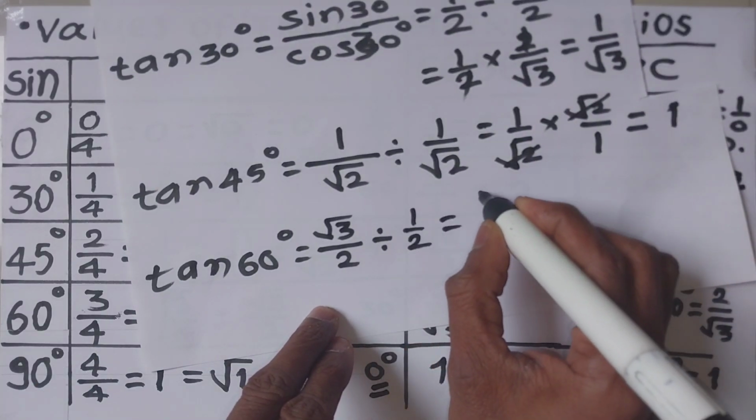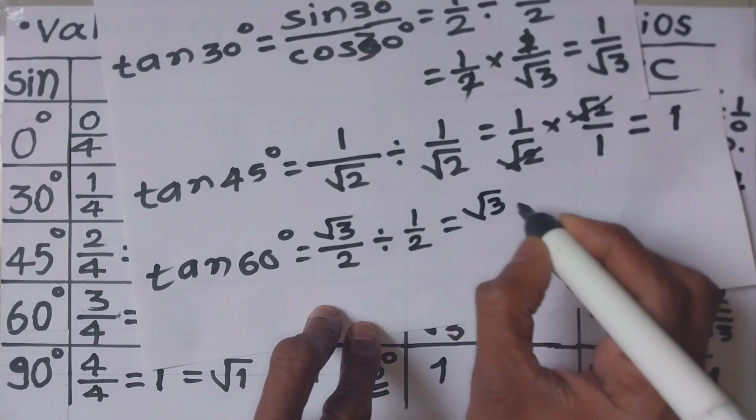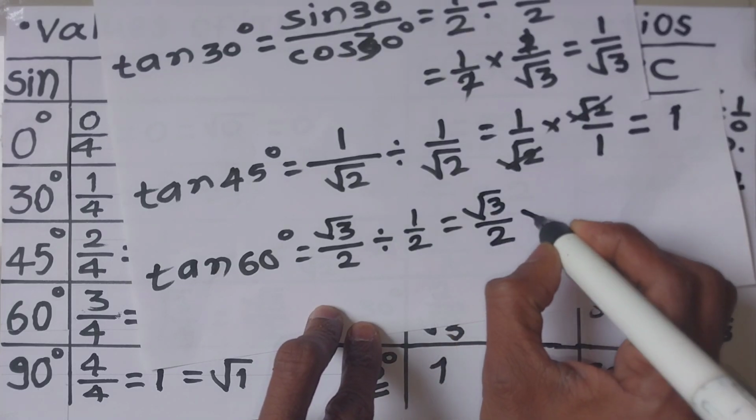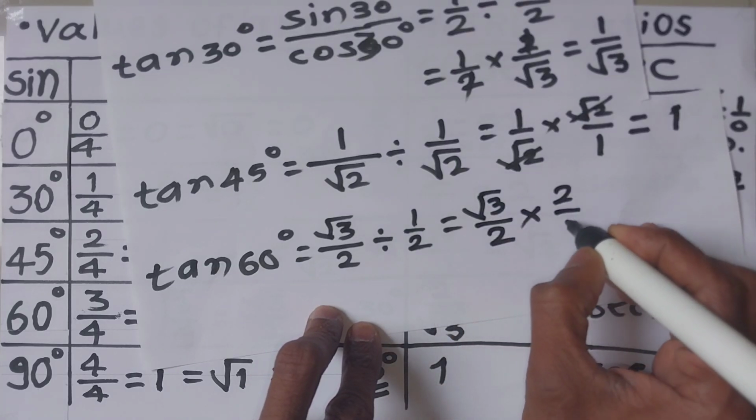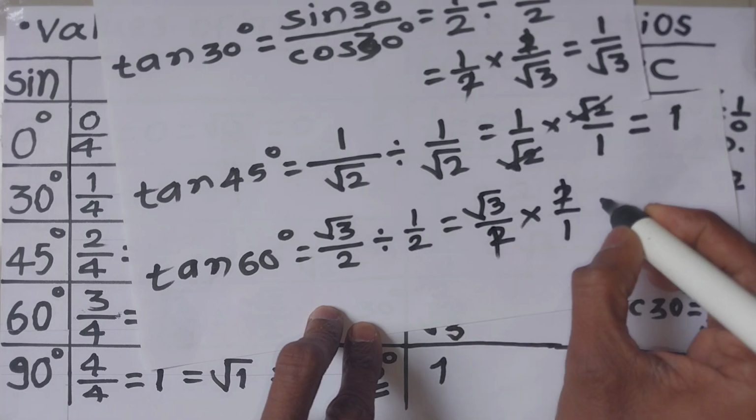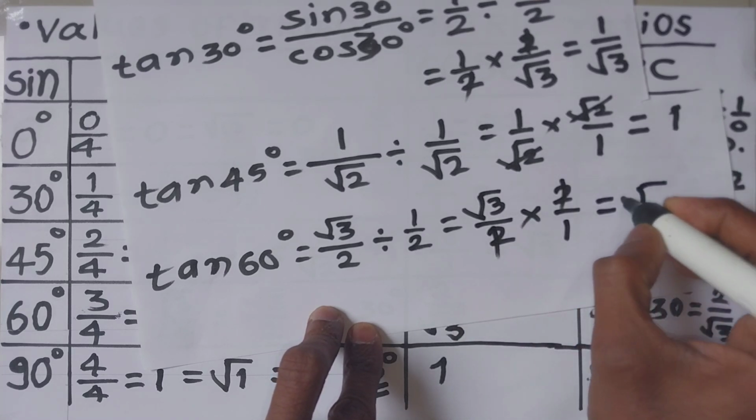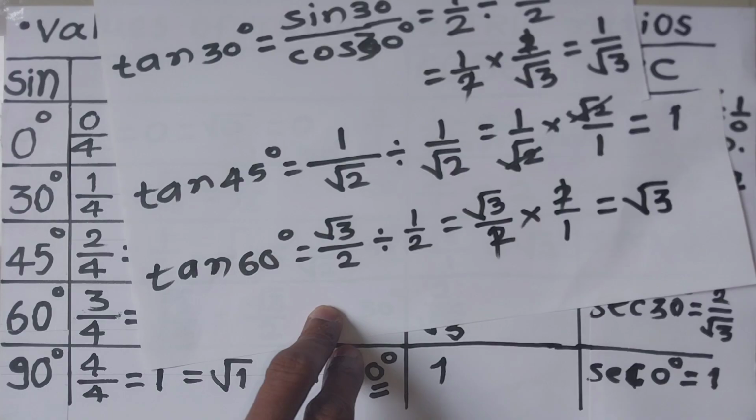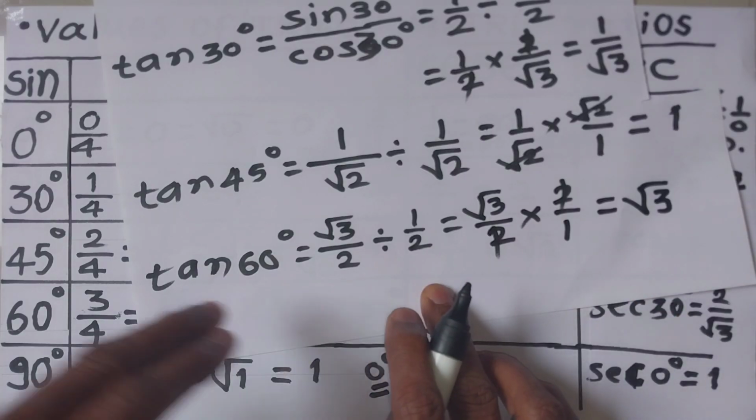We take the multiplicative inverse of 1 upon 2, that is 2 upon 1. So these cancel. Therefore the value of tan 60 degree is root 3.